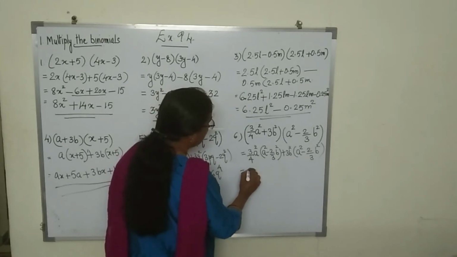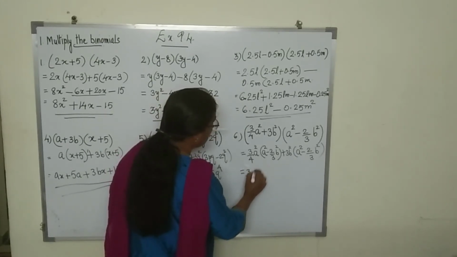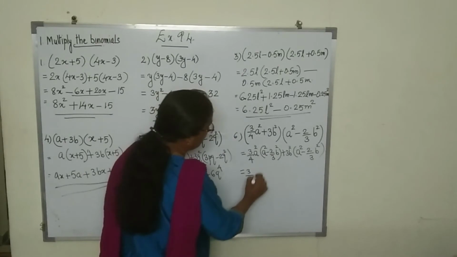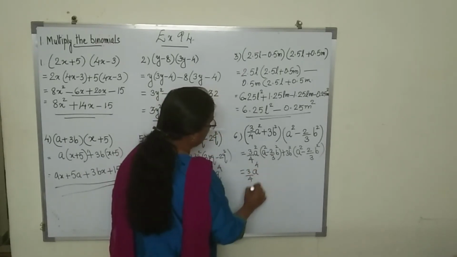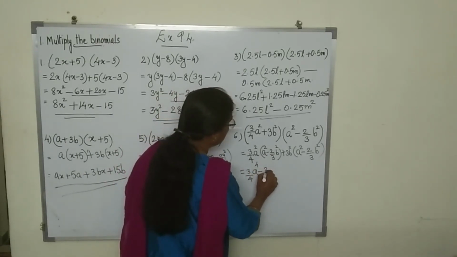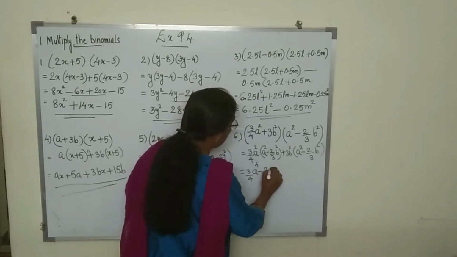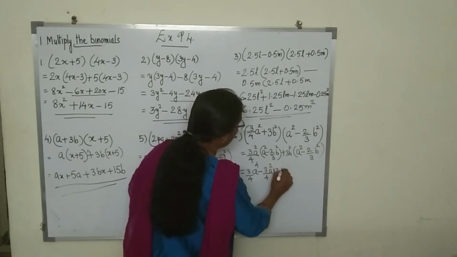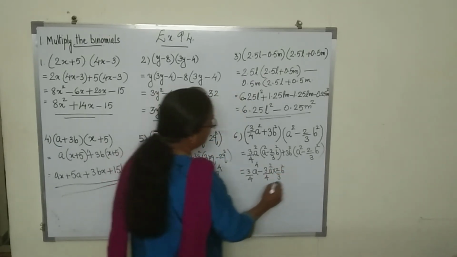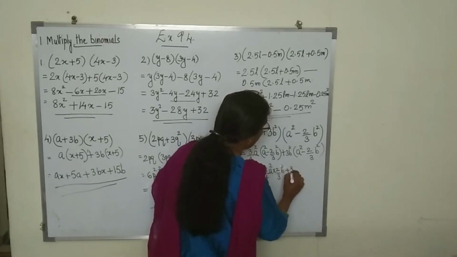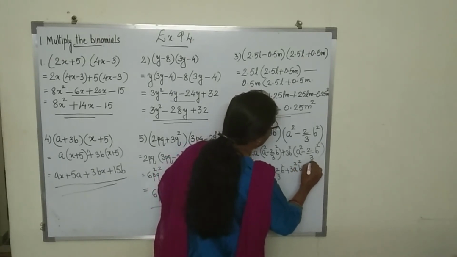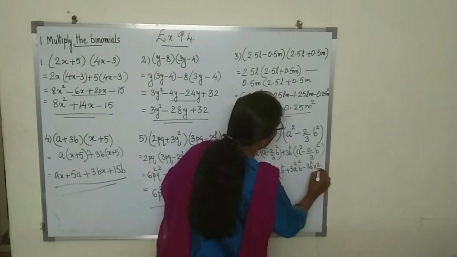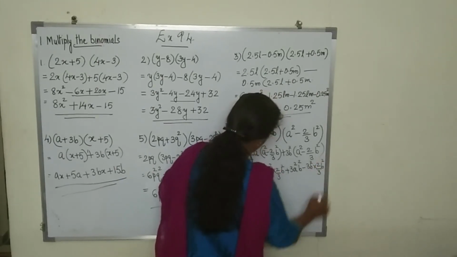So this is equal to 3 by 4 a square into a square, which is a raised to 4, minus 3 by 4 a square into 2 by 3 b square, plus 3b square into a square, that is a square b square, minus 3b square into 2 by 3 b square.